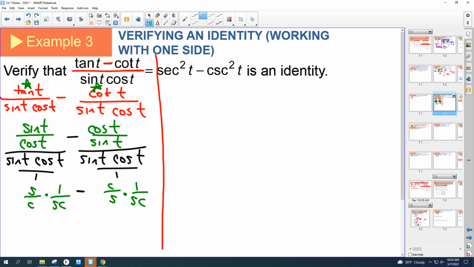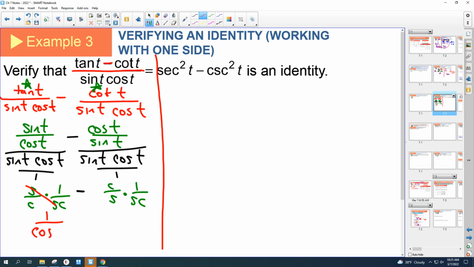And I think you can see what's going to happen here. And the best of you are going to be able to see a couple of steps ahead and see how this thing wraps up. But you see how this sine is going to cancel out? That's a sine t that's going to cancel out. And so I'm going to end up with 1 over, let's change it back to trig, cosine squared because there's 2 of them.